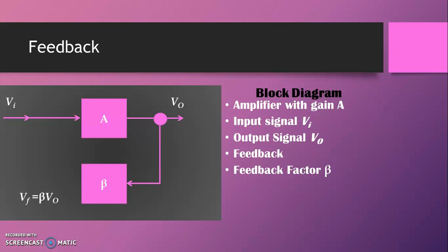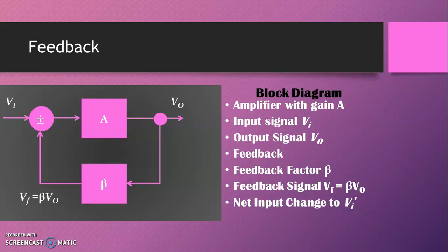And when we take a feedback from the output, so feedback signal, that is Vf, becomes equal to beta times Vo. And as I said, beta is always less than 1. So this feedback signal we are giving to the input for the comparison.